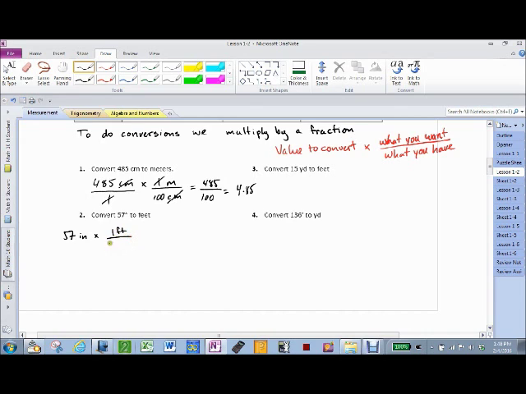And 1 foot is how many inches? 12 inches. Now I know that this is over 1, so the 1's cancel. I know that the inches cancel. And what have I got left? I've got 57 over 12, right? How many 12s go into 57? 4, and 9 twelfths are left over.